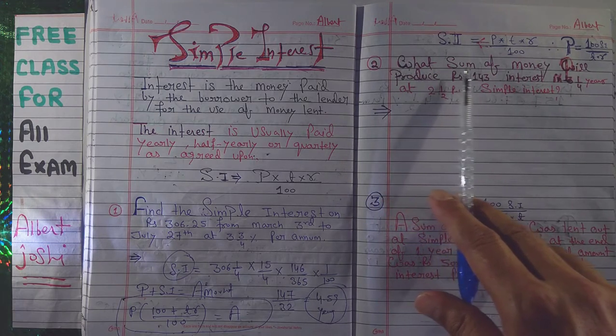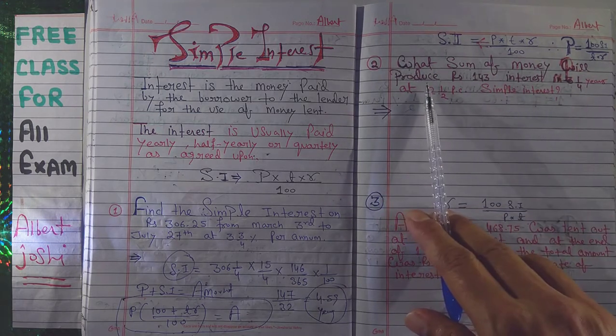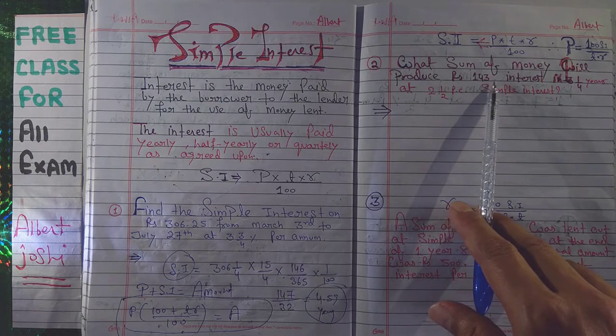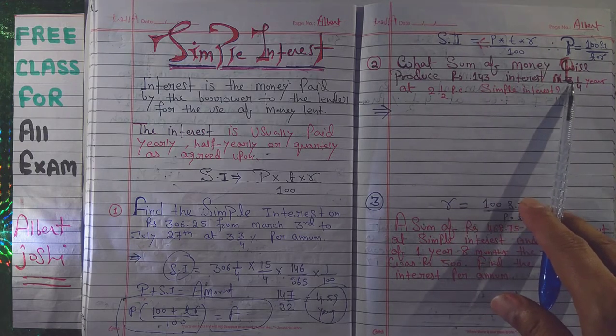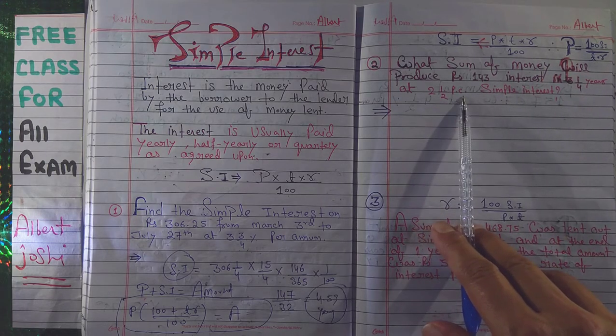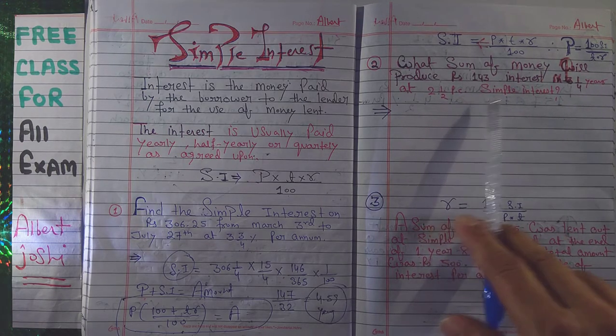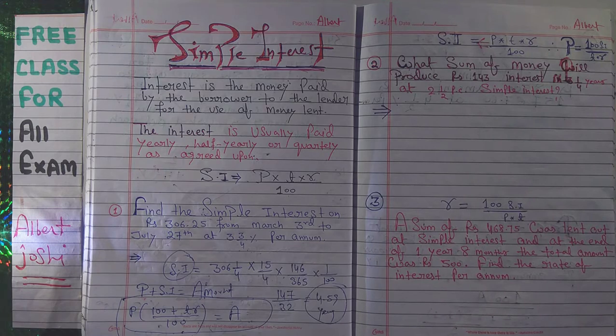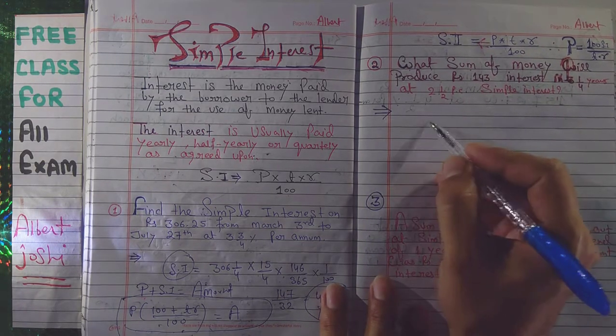The question is, what sum of money will produce rupees 143 interest in 3 1/4 years at 2 1/2% simple interest. In this question you have to put the data here.